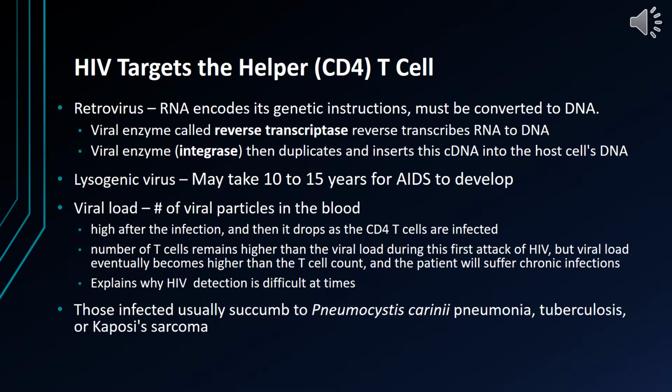Most viruses actually target a specific type of body cell, and the cell which HIV targets are the helper T cells, which carry a protein called CD4 on their plasma membrane, which identifies them as helper T cells. HIV is what's known as a retrovirus.